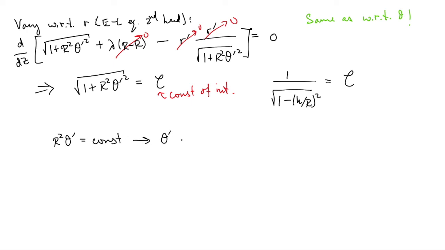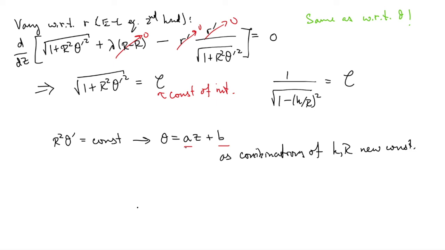And theta, not theta prime, theta is then going to be equal to some constant a times z plus b, where the a and the b are expressed as combinations of k, r, and new constants of integration. b would be a new constant of integration.